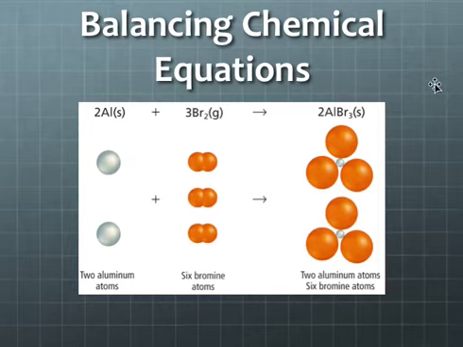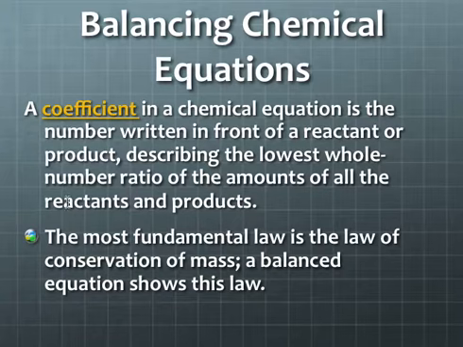And there's a few steps to go about doing this. So, of course, I like to give you guys steps to have a reference to go back to when you get stuck. So, first of all, when I'm balancing a chemical equation, I'm going to use something called a coefficient. And that coefficient is a number that's written in front of the species or in front of the compound or molecule.